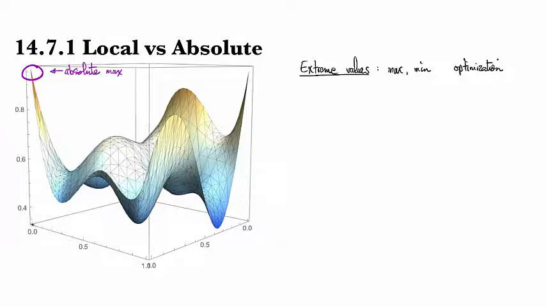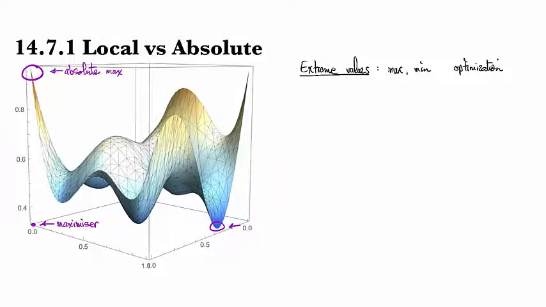Then this coordinate here, 1, 0, where the maximum occurs, that would be the maximizer. The maximizer is the input value that does it, and the maximum itself is the output value at that location.